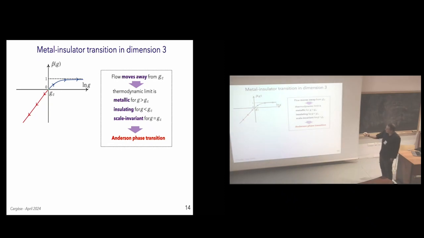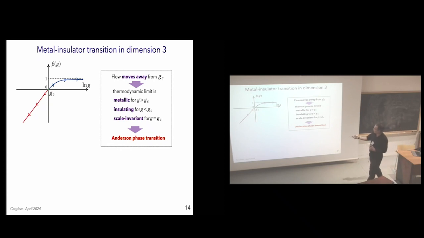So this means that unless your system is exactly at that point, in general, if you increase the system size, it will have the tendency to flow away from the point. Precisely, if the parameters of your experiment are such that you are located a little bit above g_c here, if you increase the size of your sample, you will eventually become extended, diffusive.